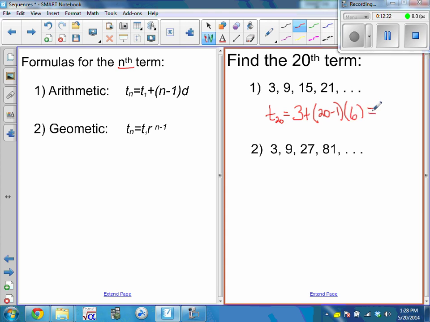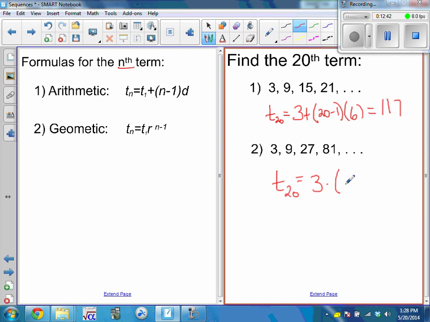Now, to figure this out, I can just put this in my calculator: 3 plus 20 minus 1 times 6, and I get 117.